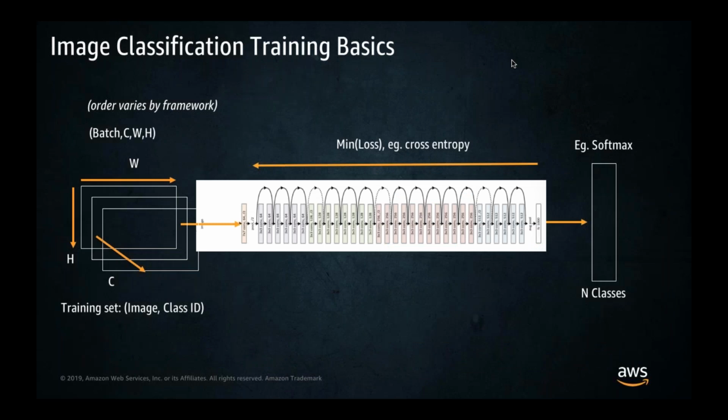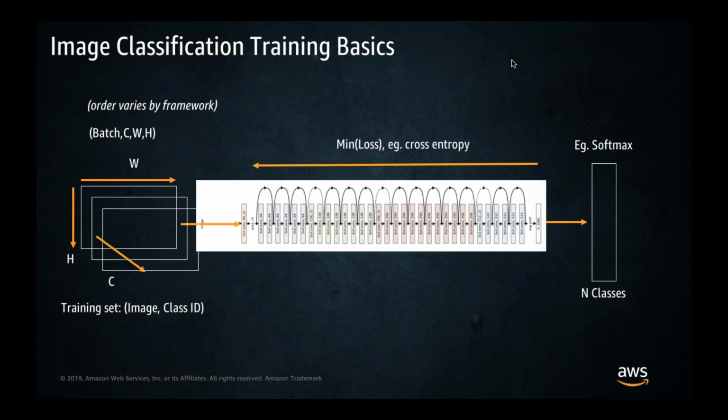Right, so let's talk a little bit about the training and mechanics. Overall, they're pretty simple. For image classification, the training set consists of images, and the images are input into the network in the form of tensors. So these are floating point values per pixel, and there's a dimension for each channel, right?